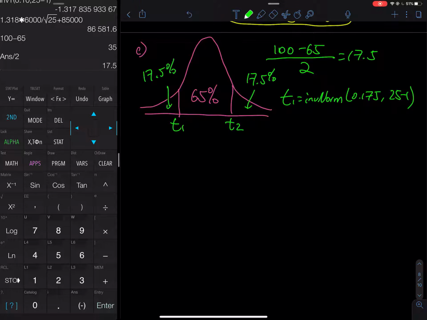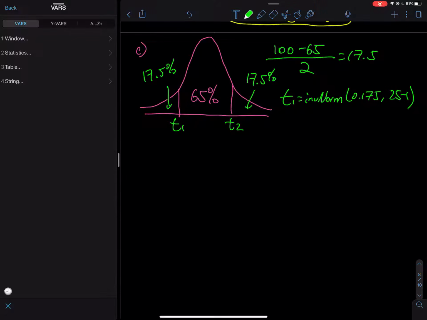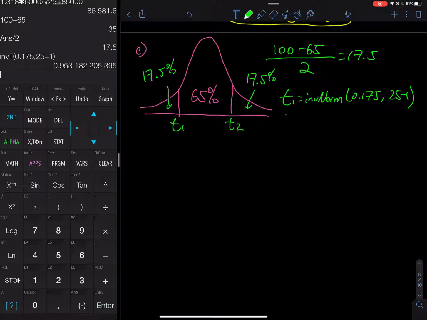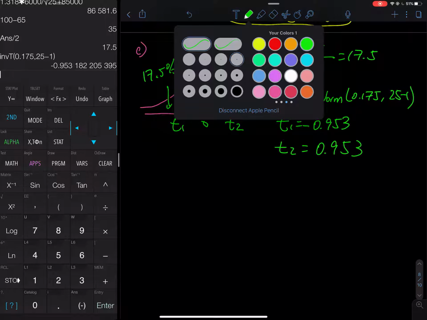Second vars, inverse T, 0.175, and then 25 minus 1. So T1 equals negative 0.953. Because we have 0 right in the middle, we have one positive T and one negative T, 0.953. And then we undo the standardization.